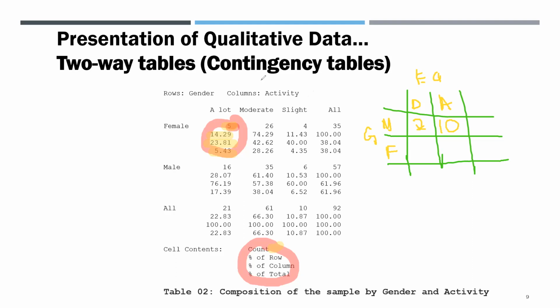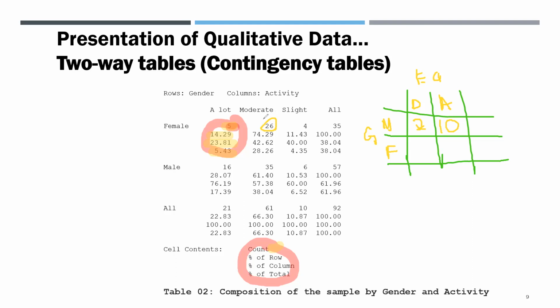In the variable activity, you can say alert, moderate, and slight. So these are 3 activity levels. Here we want to see the association between the activity and the gender of this sample. For example, if we consider this 26, that means there are 26 females whose activity level is moderate.